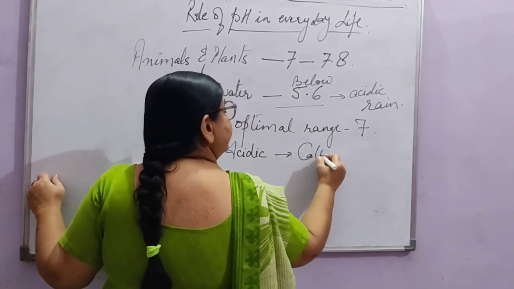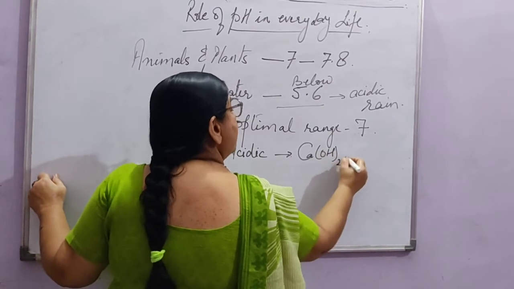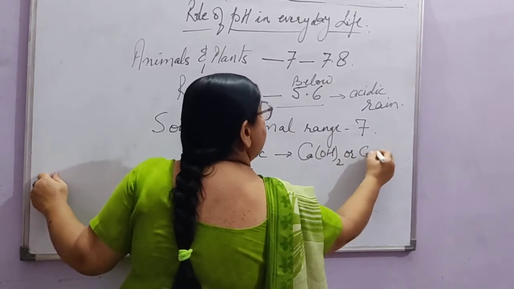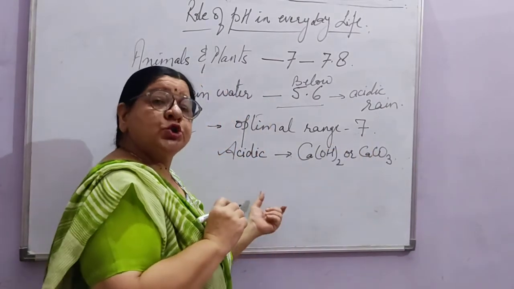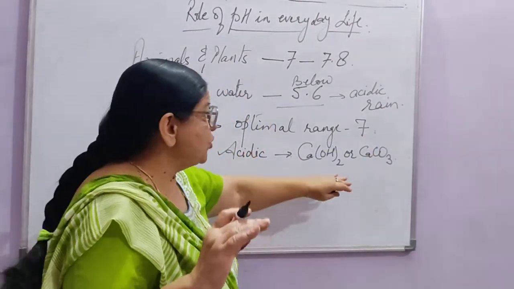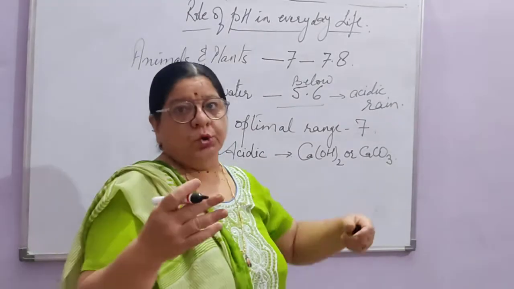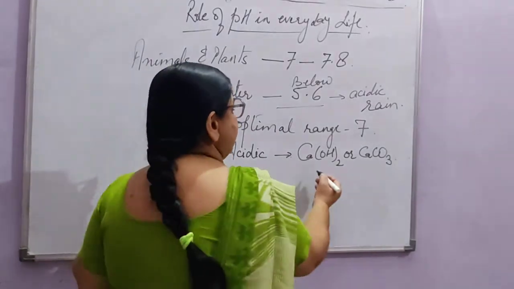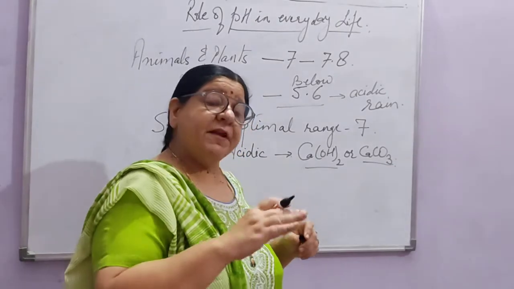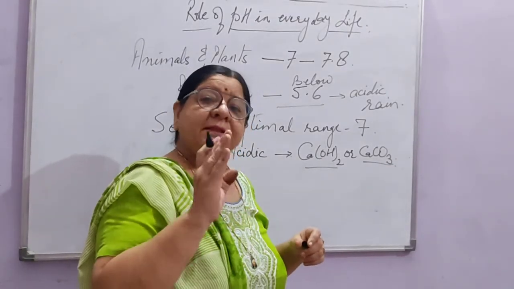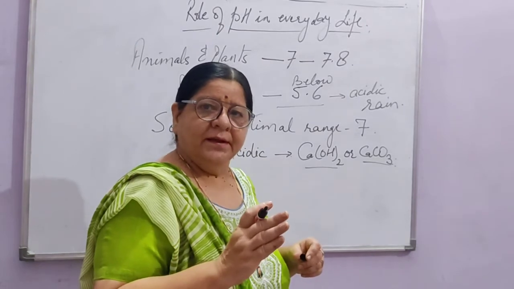Either calcium hydroxide or calcium carbonate. That is added so that it may neutralize the acidity. These are basic in nature, so if they are added to acidic soil, they will neutralize it, right?